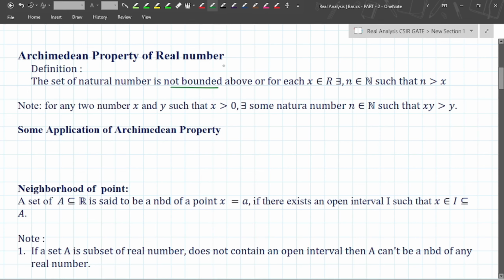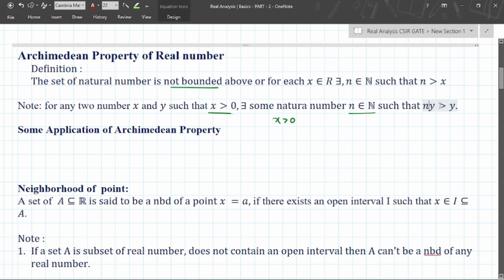So for any two numbers x and y such that x is greater than 0, there exists some natural number n belonging to N such that the multiple, wait, it is not xn, it is n into x, sorry, n into x is greater than y.